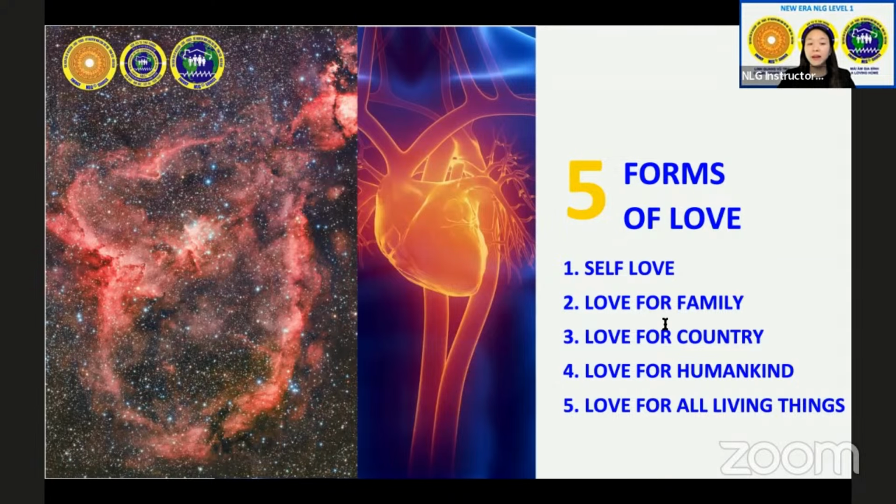Now, when we talk about love for family, that's very straightforward. It's the things that all of us want, right? But not necessarily the things that all of us have, unfortunately. When we talk about the connection between family, which in level 3 and level 4, Mr. Lee will talk about the energy frequency that's very specific for that. But it also relates greatly to self-love in the sense that because we all belong to a family, we're a daughter, we're a son, we're a parent, or a spouse, right?